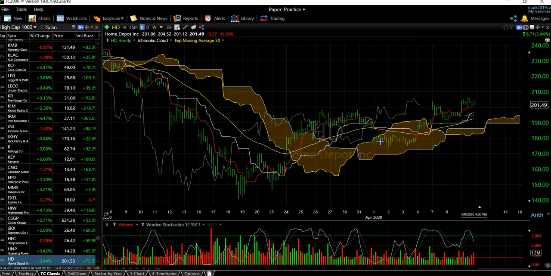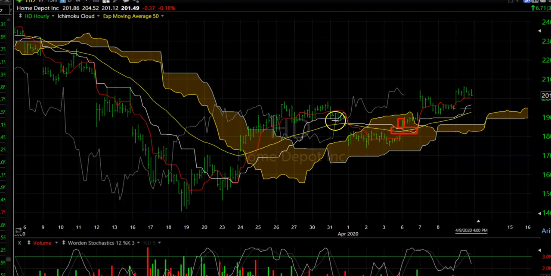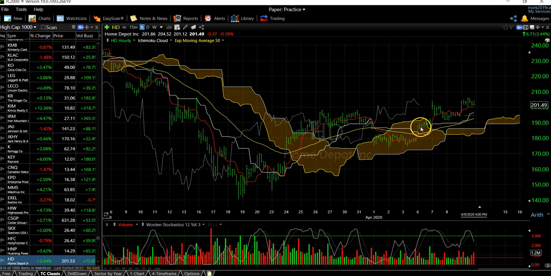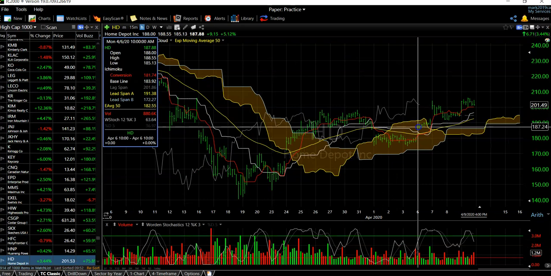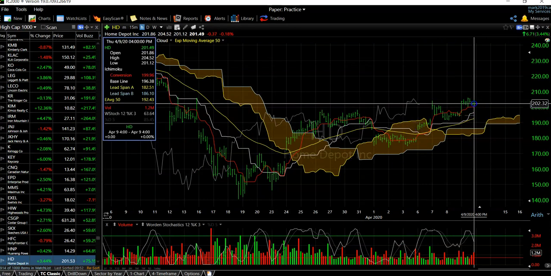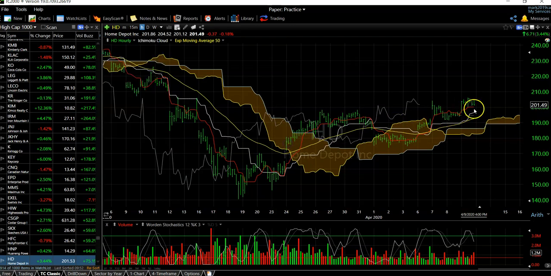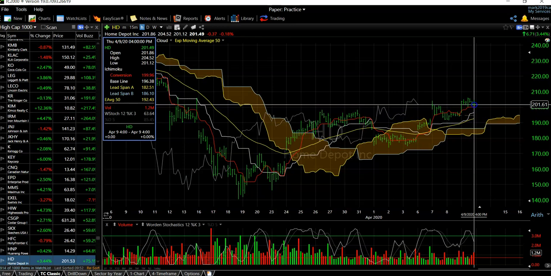Let me just make it a little closer. This is our 50-day moving average. This is where the price crossed it. Once it crossed the 50-day moving average at 187, as of recording date it's at 202. So it started at 176, it went all the way to 201.